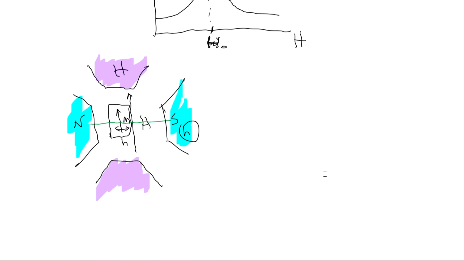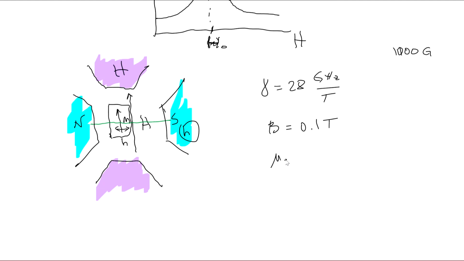Gamma is 28 gigahertz per Tesla. For B, let's take a very modest magnetic field. Let's say 100 Gauss, something really easily achievable, or let's do 1000 Gauss. 1000 Gauss is 0.1 Tesla.